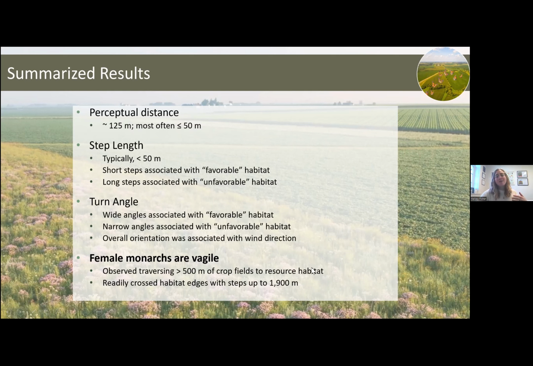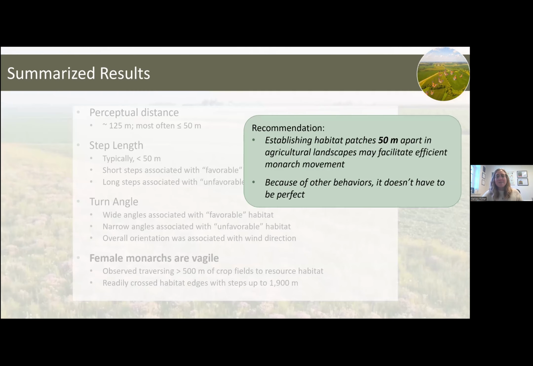So summarizing all of these results together, the recommendation that I can provide is that it would be really fantastic if we could establish habitat patches every 50 meters within agricultural landscapes, because that tends to be the distance where the resources are able to most influence butterfly movement.